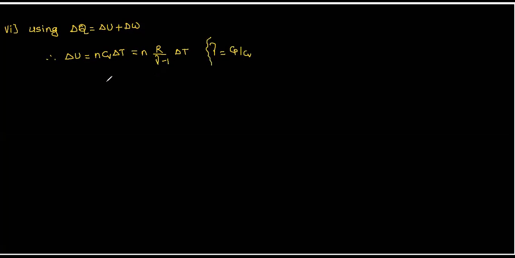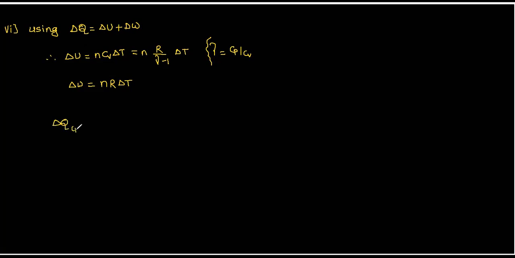And delta W, we have already learned this. What we got? n R into delta T. This is the delta U value, and this is the delta W value. So let's substitute these two in this. What are we getting?